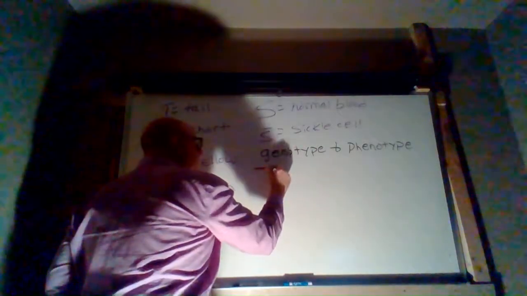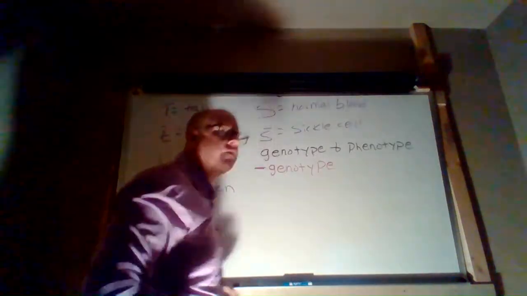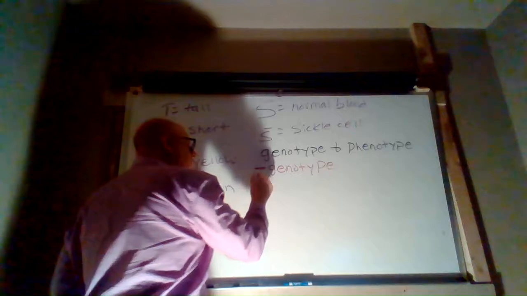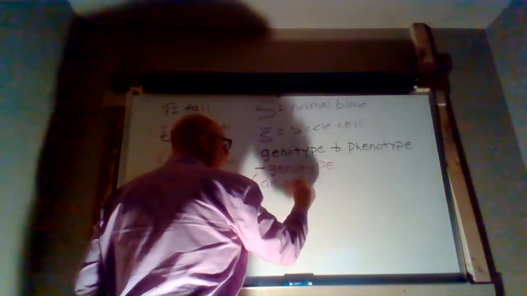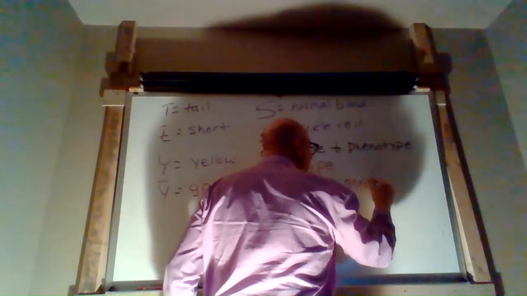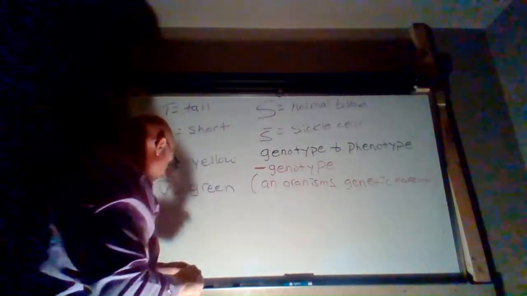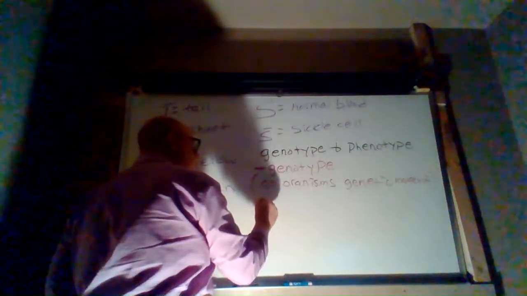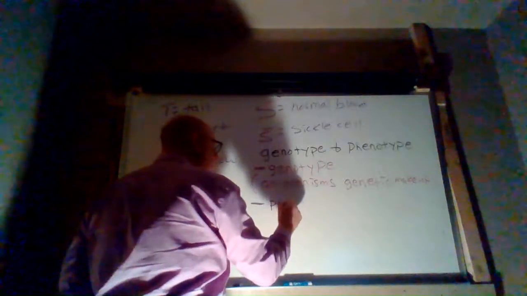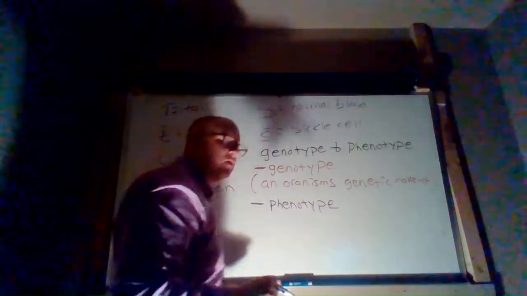Okay, so genotype is as follows. It refers to the organism's genetic makeup. That's what a genotype is. And a phenotype is what you actually see or observe, what we're talking about in this section. So a phenotype is what you're actually observing, what's actually being expressed.